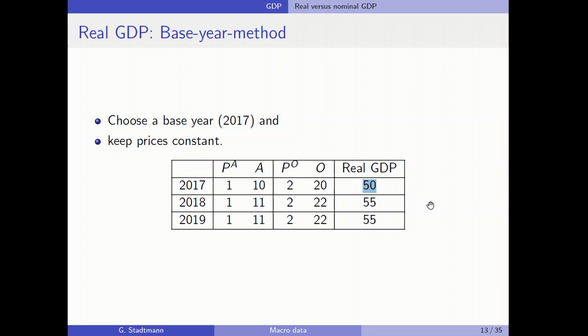From 2017 to 2018, real GDP increases by 10% because the quantity of apples and the quantity of oranges is up by 10%.